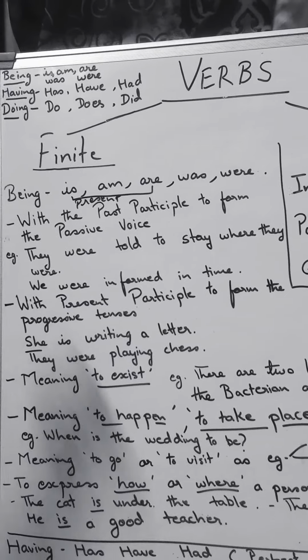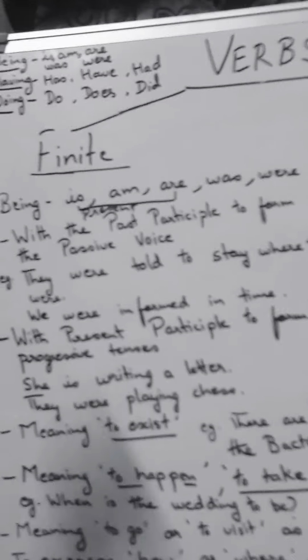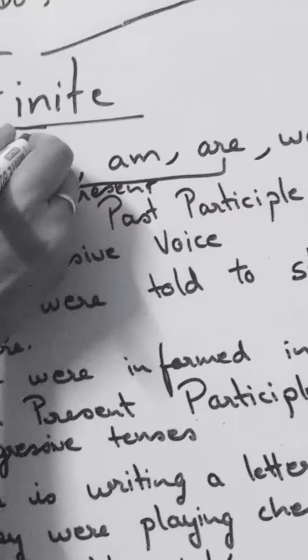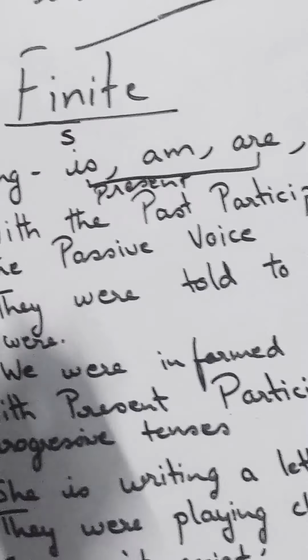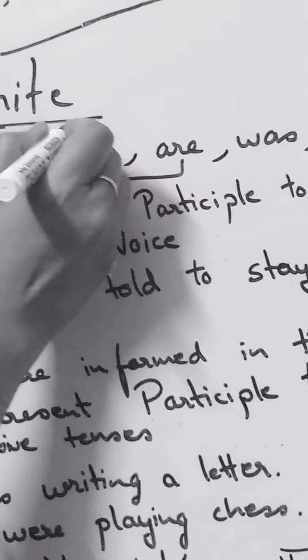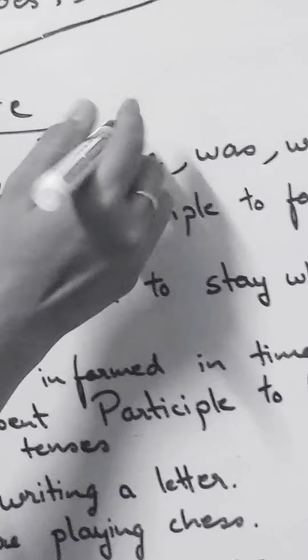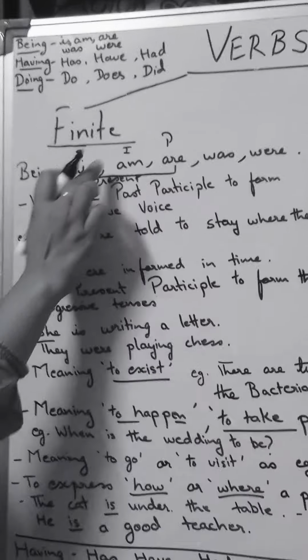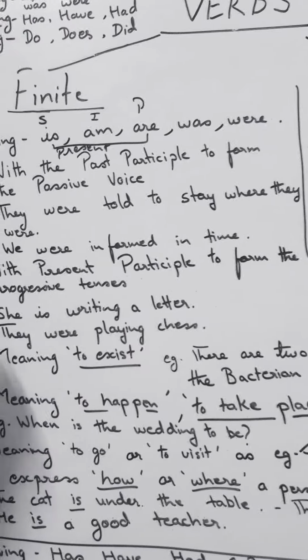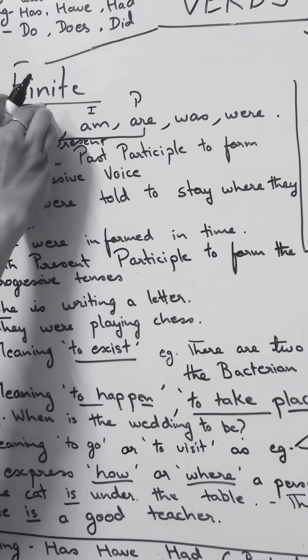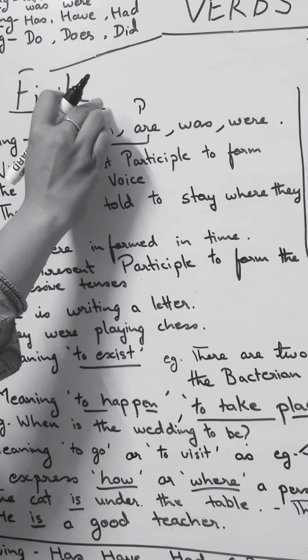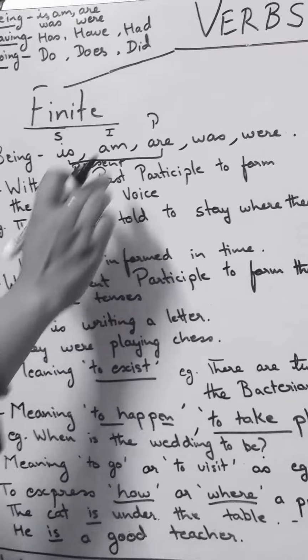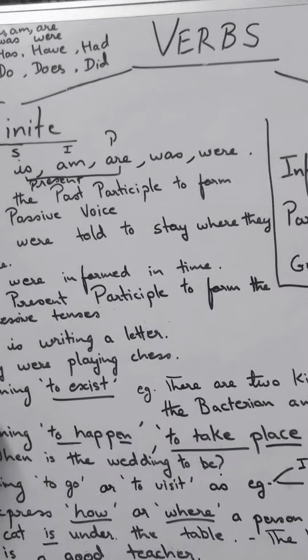We are talking about subject agreement here, where is is for singular, am is when the subject is I, and are is when the subject is plural.